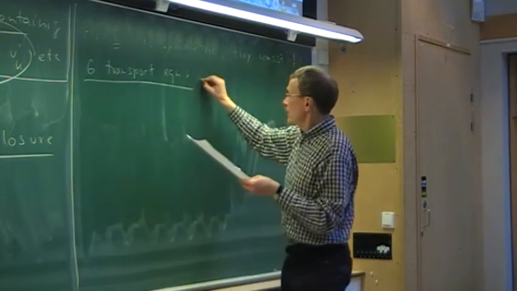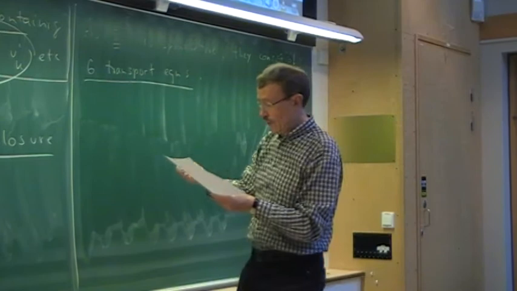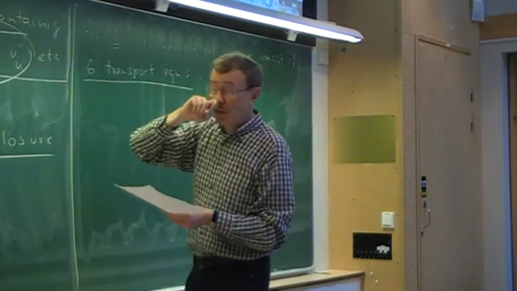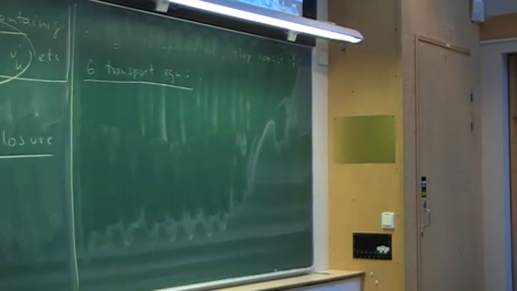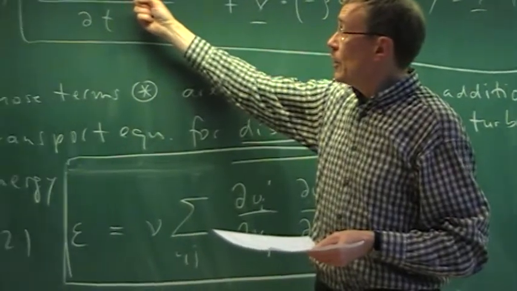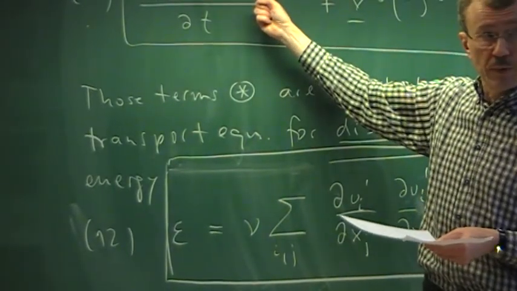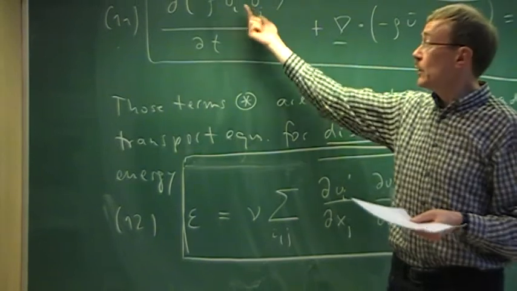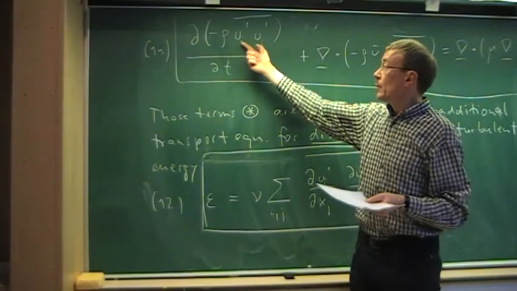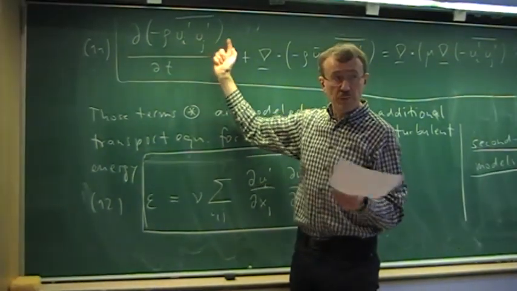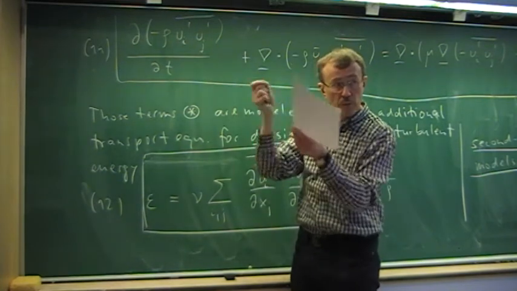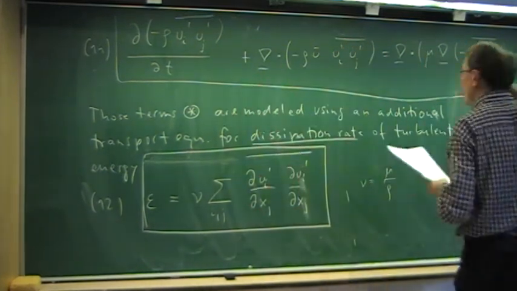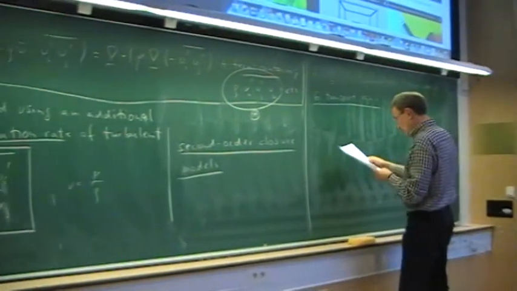Why are they symmetric? Because when we have here 1, 2, for example, that is the same as 2, 1. The product here doesn't matter. So if we have 1, 2 or 2, 1, that is the same.